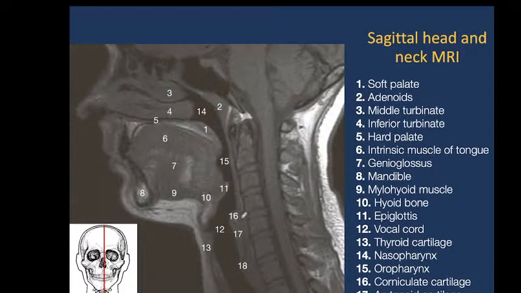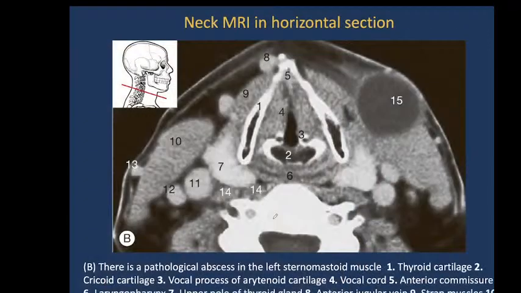Here this is another sagittal section of the neck and head, and we have already talked about it, but I could say this image is very good quality. Here you see the bones.